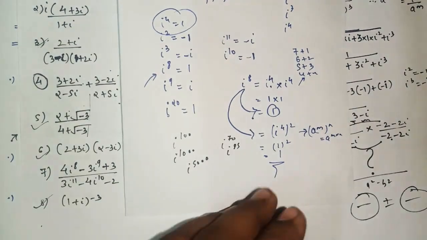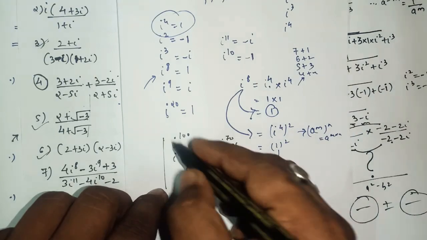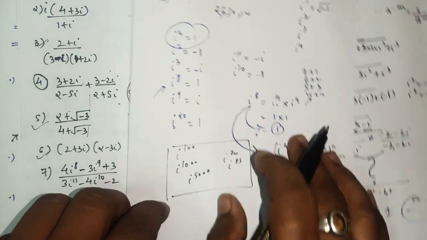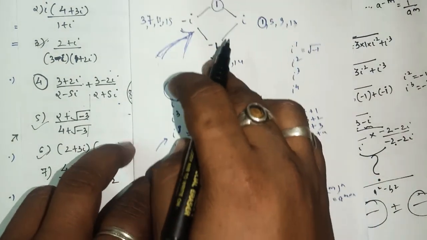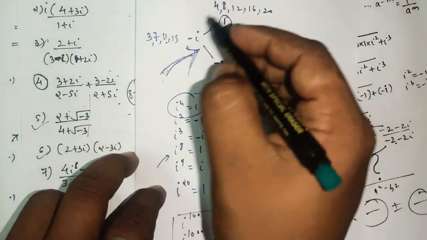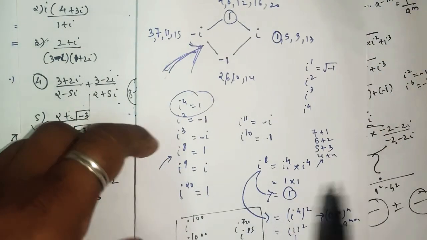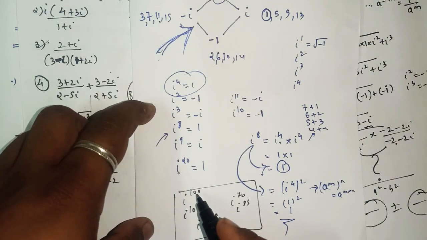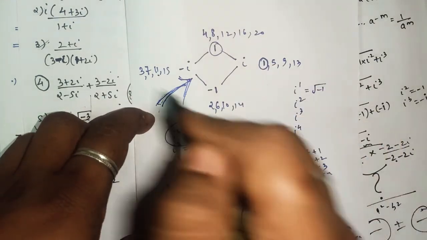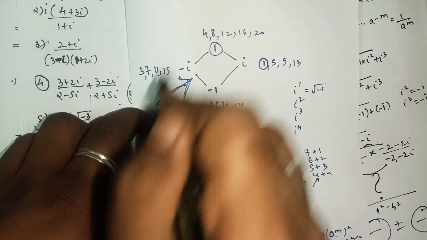We'll see how to find this value by using one traditional method, because using the shortcut method will take too much time. The shortcut method is only for when the values are less than 20. Suppose you want to find i raised to 100, you have to check 1, 2, 3, 4, 5, 6, 7, 8. So it will take time.